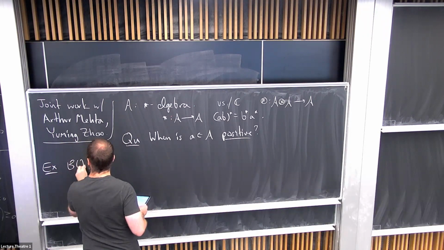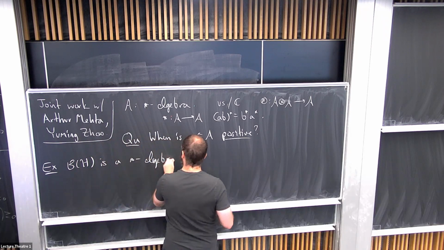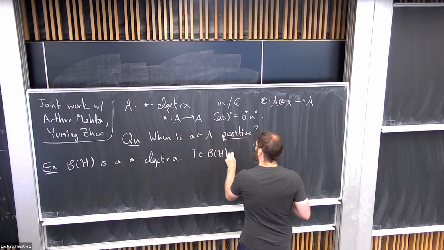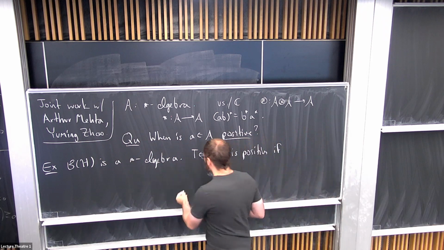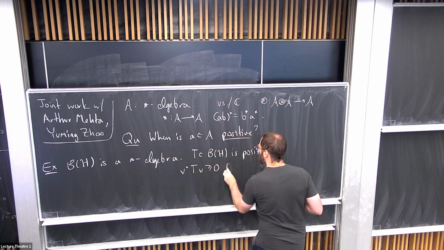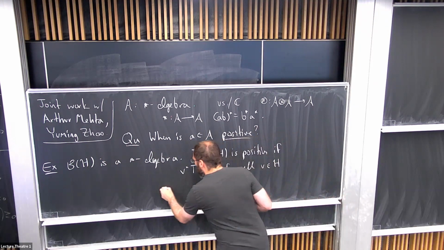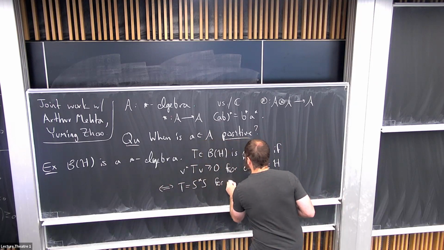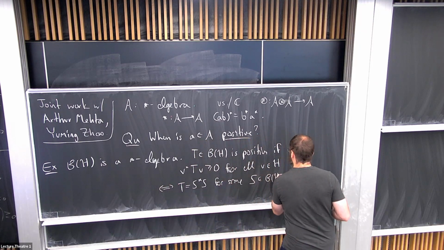B of H is a star algebra for any Hilbert space H, and we say that T in B of H is positive if V star T V is greater than or equal to 0 for all V in H, or equivalently, if T is equal to S star S for some S in B of H. Okay.